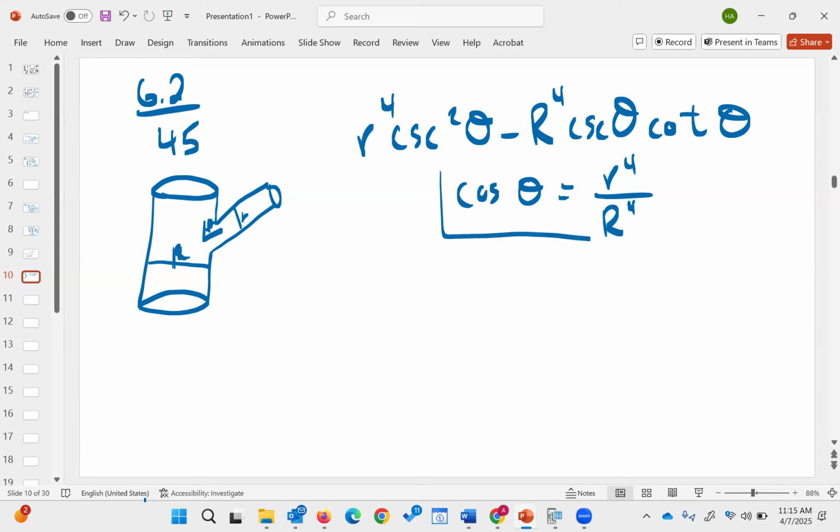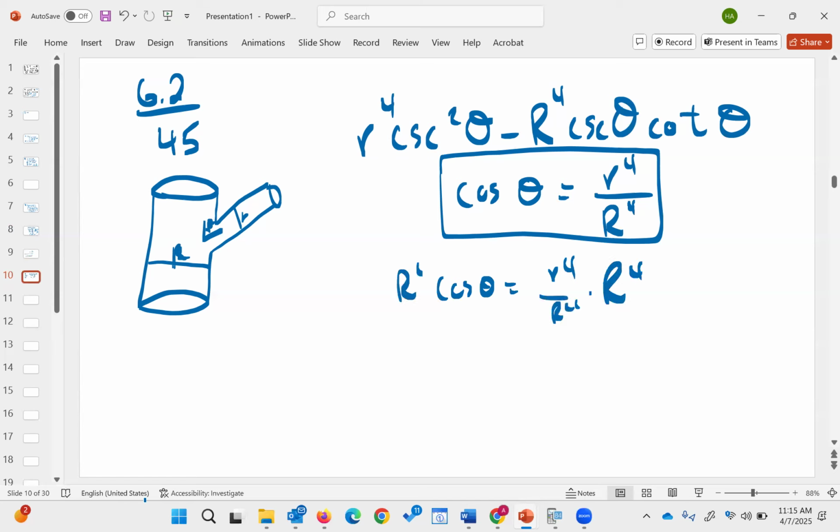If we multiply both sides by big R to the 4th, that means big R to the 4th cosine theta is the same thing as little r to the 4th. Everybody agreed there?